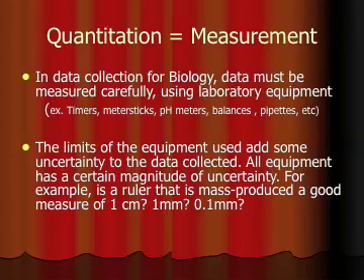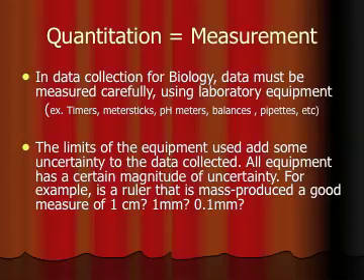That means that if you have a mass-produced ruler, a regular ruler that you can purchase from any store, is this ruler good to measure things that are 1 centimeter big, for example? Most likely, yes, because in this ruler you have the divisions for centimeters and you also have the divisions for millimeters. So you can pretty certainly see if something measures 5 centimeters or 3 centimeters or 1 centimeter.